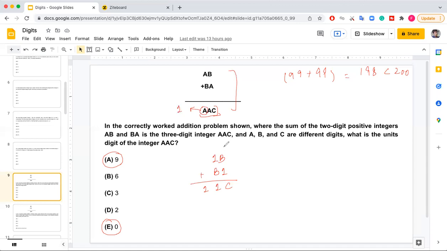Listen, first of all, can B be 0? No, because in that case this is not a 2-digit integer. So B cannot be 0. Now B can be any value from 1 to 9. And first tell, can B be any value from 1 to 8?